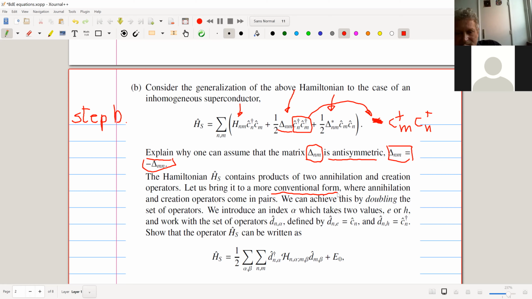The way to achieve this looks completely redundant, and it is redundant. We double the set of operators we deal with.